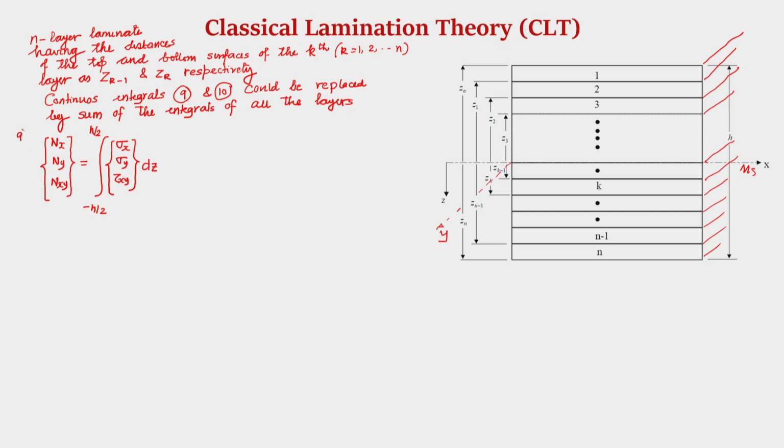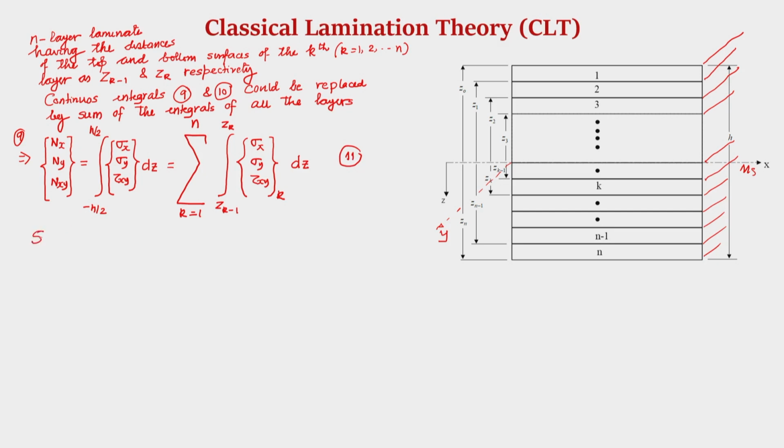This is equation number 9. So this we can write as the sum over k going from 1 to the number of layers, and for each layer we perform the integration, that means from z k minus 1 to z k, of sigma x, sigma y, tau x y for the kth layer, integrated over the thickness of this layer. So this is equation number 11.